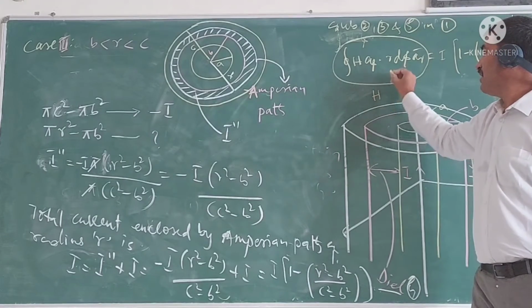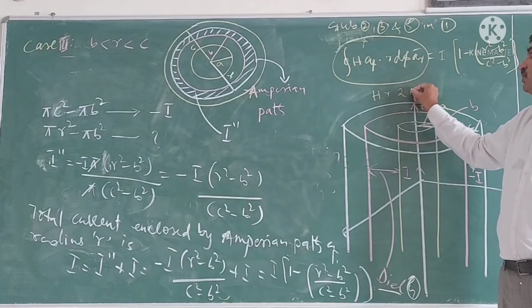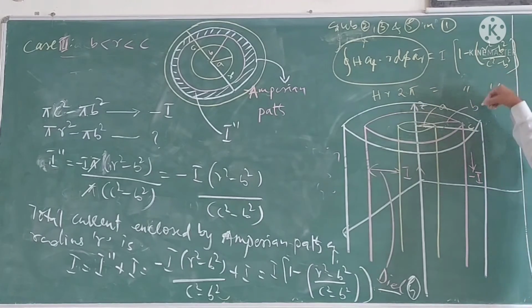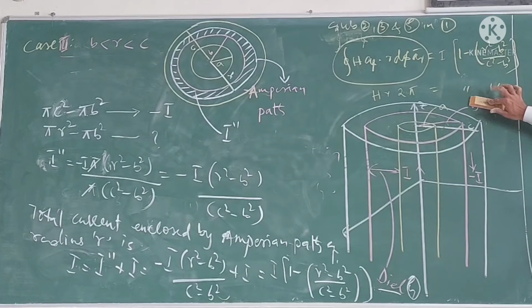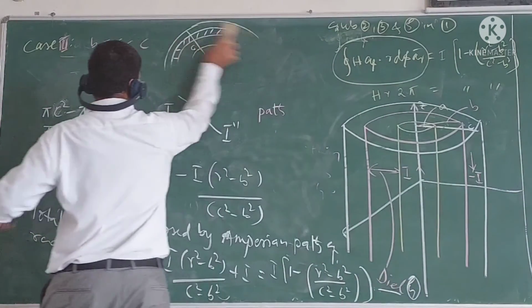H times r times 2 pi is equal to this. Then write down what is H. Shall I keep this portion? Whether I need this figure further? If you need it, I'll keep this.